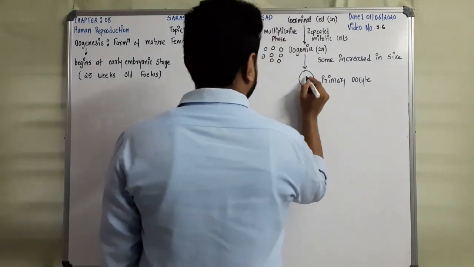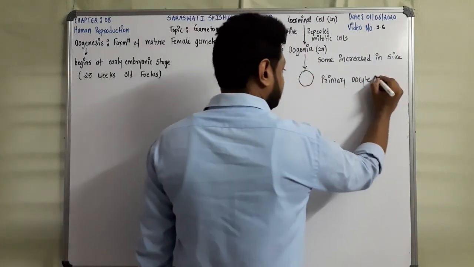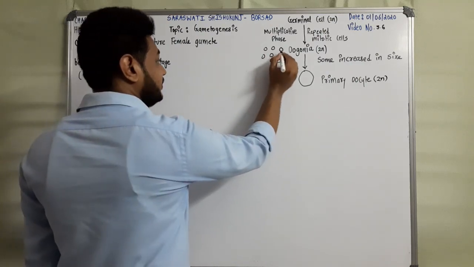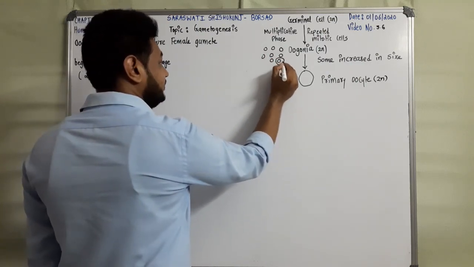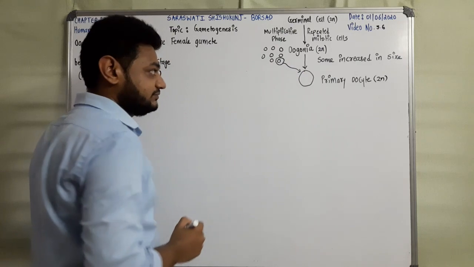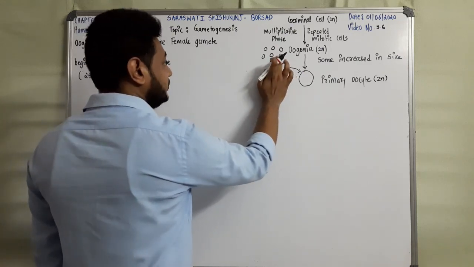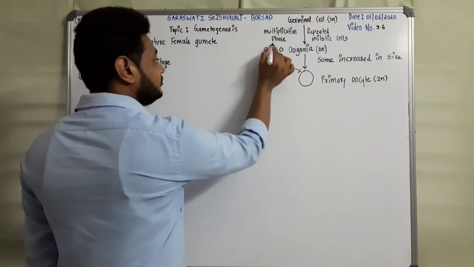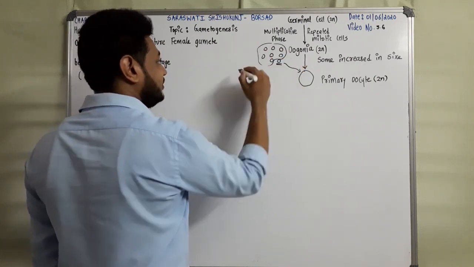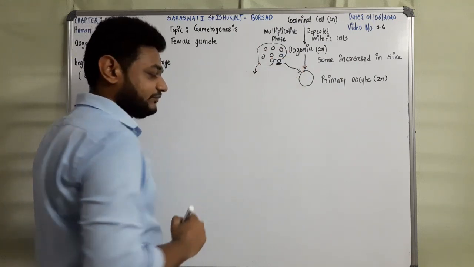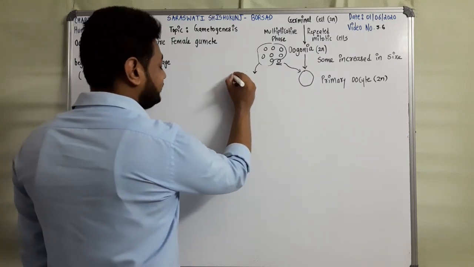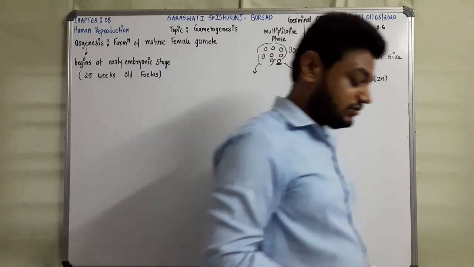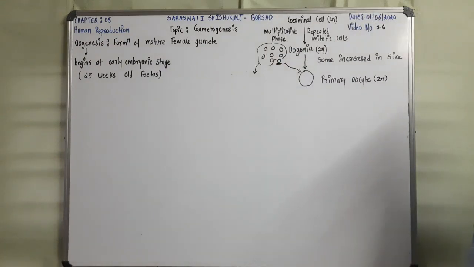Now those which are left, this is 2n again, right? For example, if this one got increased in size, the rest which are left are referred to as follicular cells or granulosa cells.